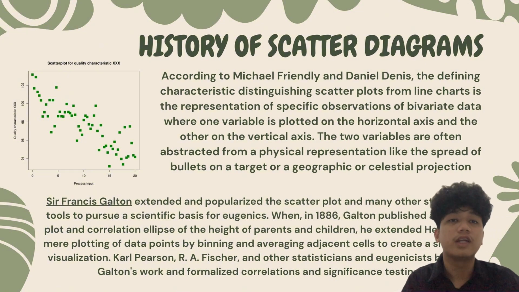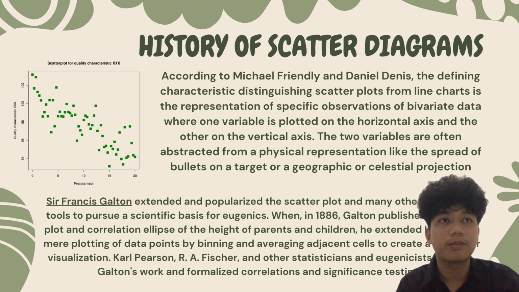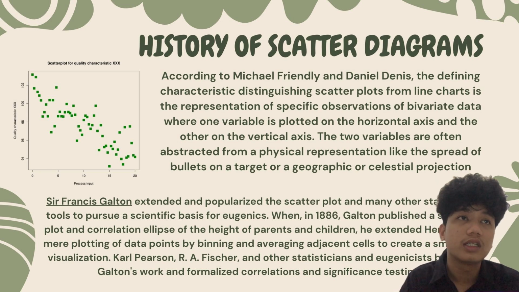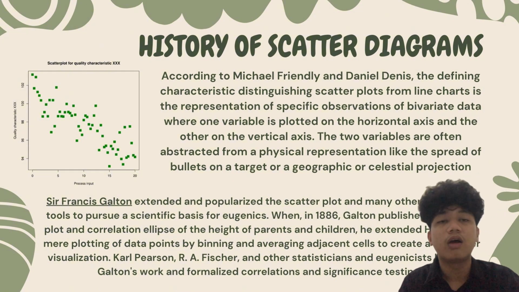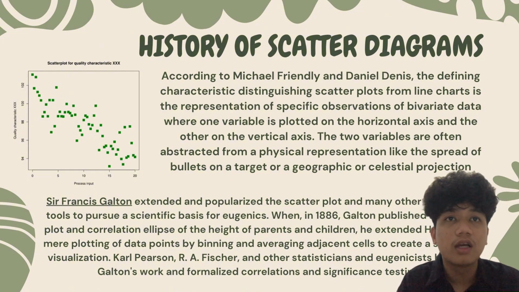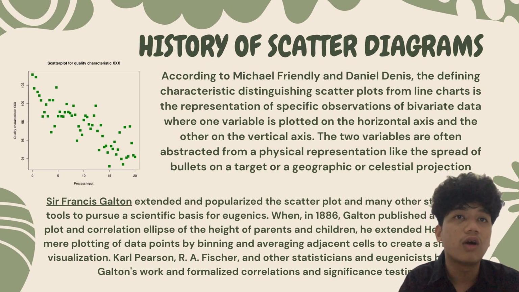History of the scatter diagram. According to Michael Friendly and Daniel Denis, the defining characteristic distinguishing a scatter plot from line charts is the representation of specific observations of bivariate data, where one variable is plotted on the horizontal axis and the other on the vertical axis.